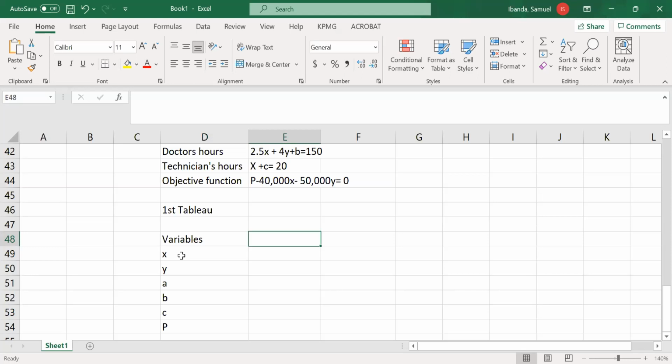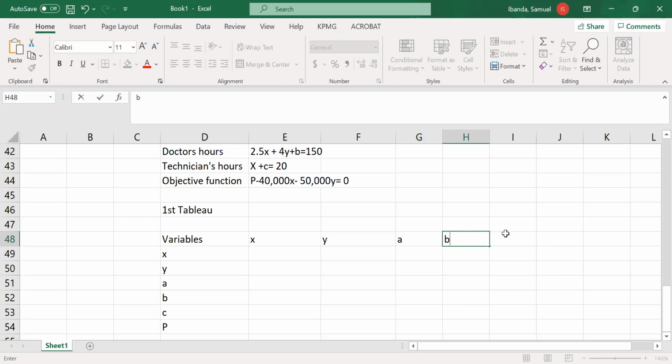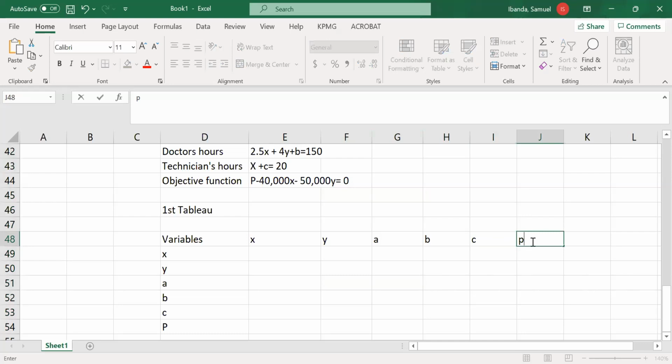I have X, Y, A, B, C, and we shall also have the solution column, P, then the solution at hand.